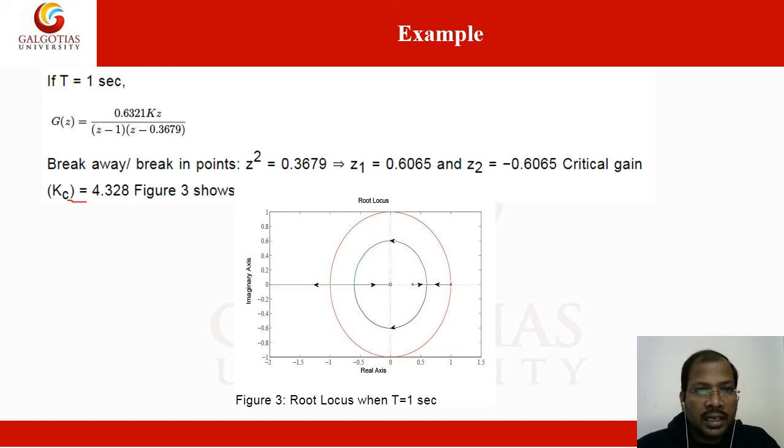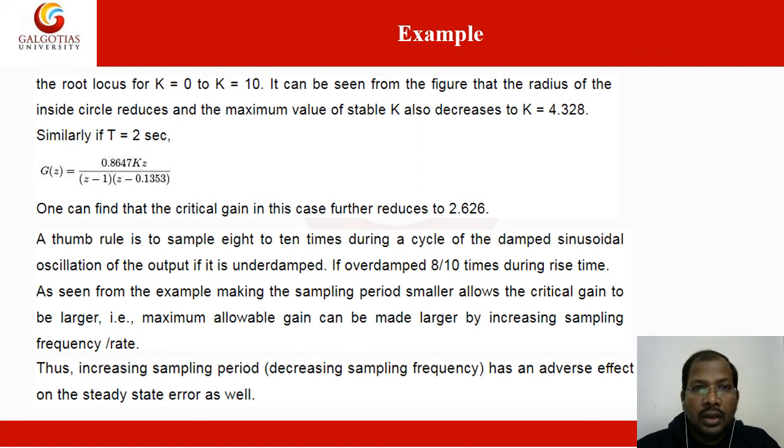So the critical gain Kc was calculated when the sampling time is equal to 1 second. In the previous case we took the sampling time 0.1 second, and as we increase the sampling time, the critical gain reduces again. So this is the root locus for this case. We can conclude that when k varies from 0 to 10, we get 8 point something.